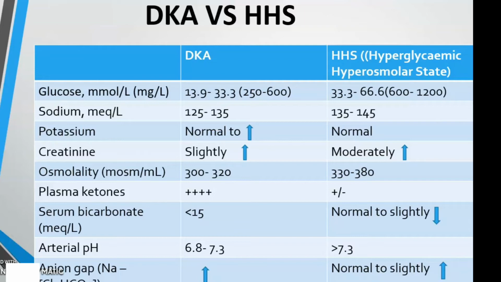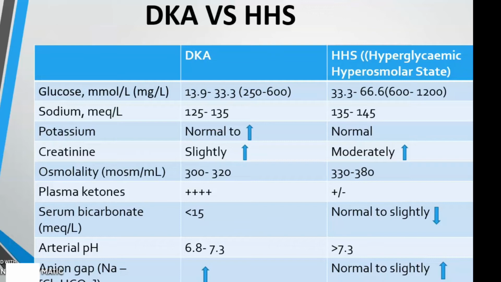The serum sodium level, as shown, is higher for HHS. Potassium for DKA is normal or slightly increased. Also look out for your osmolarity, which should be around 300 to 320 milliosmol per ml, as against HHS, which is 330 to 380.